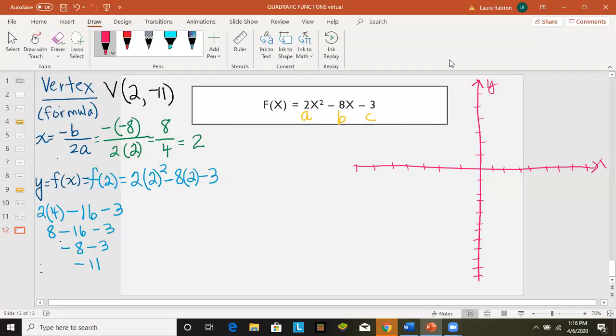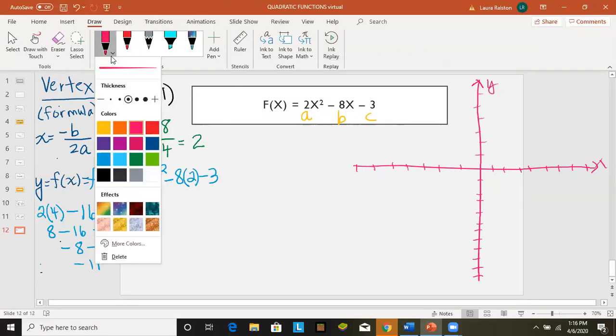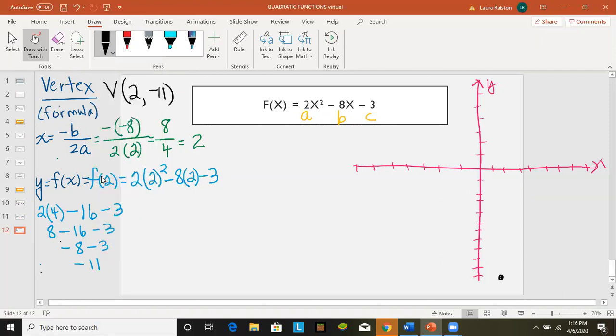Okay, so my vertex is at 2, negative 11. So starting at the origin, I'm going 2 to the right and 11 down. So my vertex is at 2, negative 11.